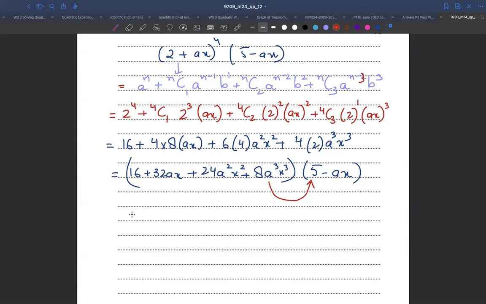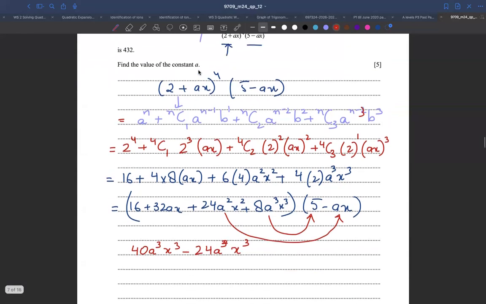So 8 times 5 is 40. And this square term over here with this will become a cube and this will become x cube.